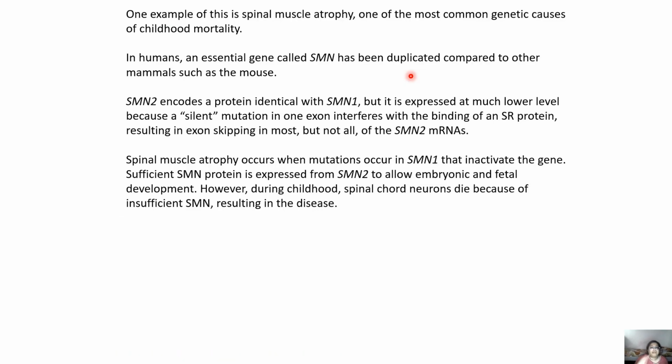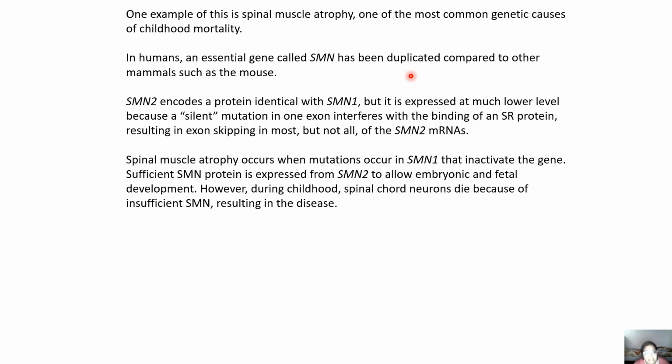Okay. Now, one example of this is spinal muscular atrophy, one of the most common genetic causes of childhood mortality. In humans, an essential gene called SMN has been duplicated, compared to other mammals such as mouse. SMN2 encodes a protein identical to SMN1, but it is expressed at a much lower level because a silent mutation in one exon interferes with the binding of an SR protein, resulting in exon skipping in most but not all of the SMN2 mRNAs.